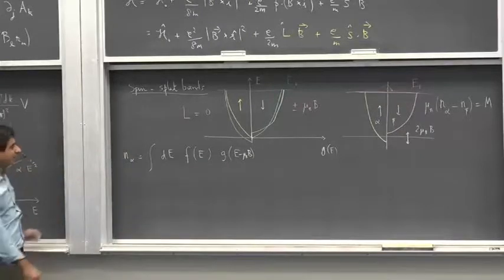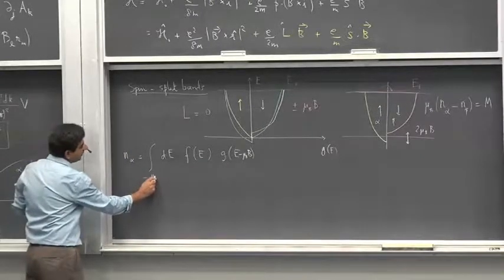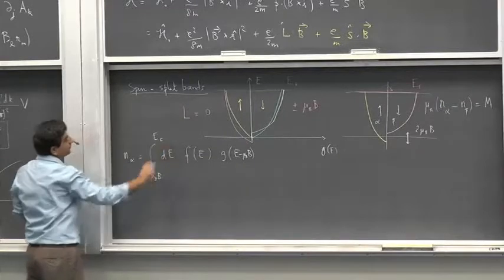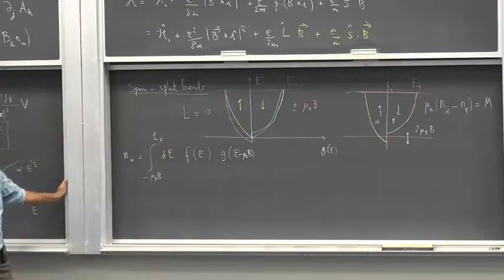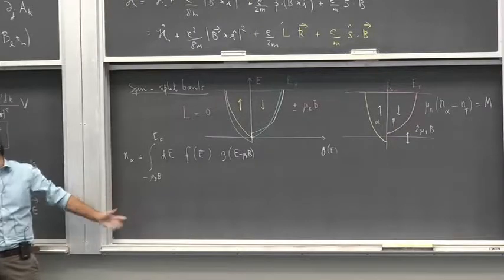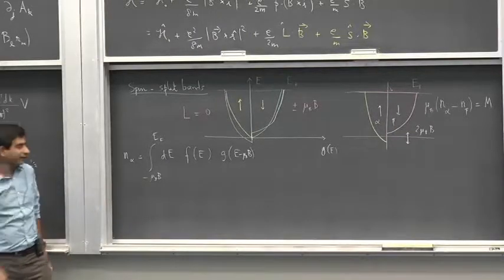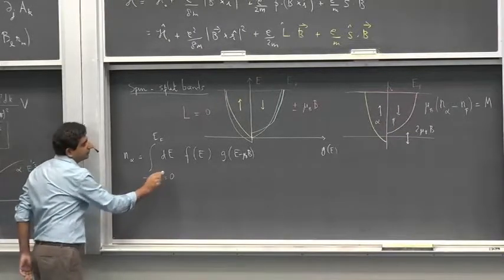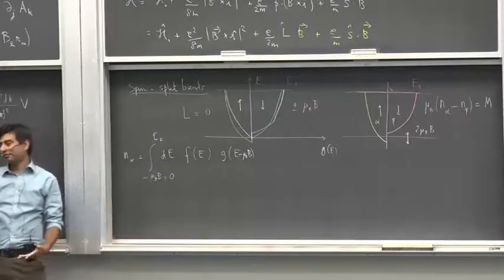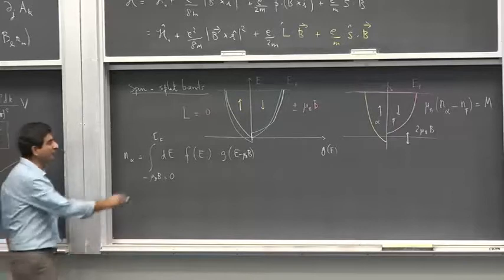And you would like to integrate from minus mu B B to EF. Okay? Now this mu B B is really, really small. Okay, so I put this equal to 0. And beyond EF, the Fermi-Dirac distribution is 0, so I can put the upper limit equal to infinity.